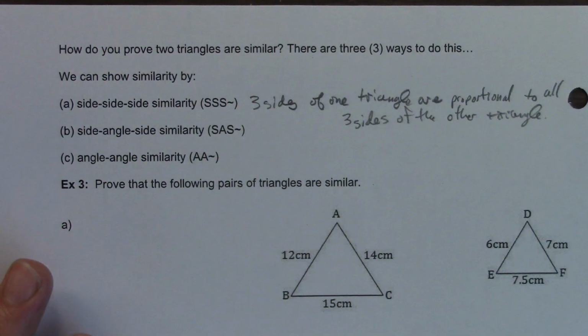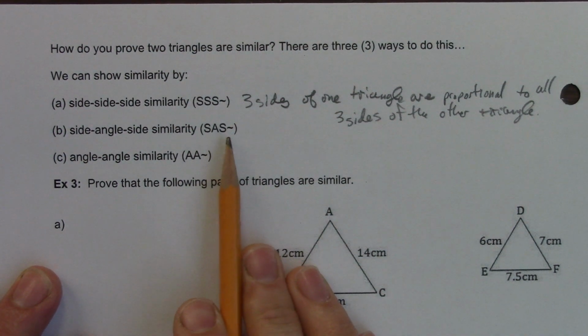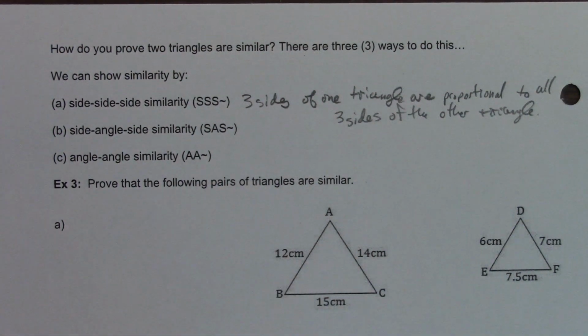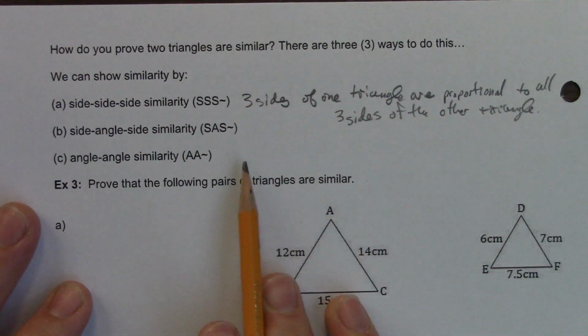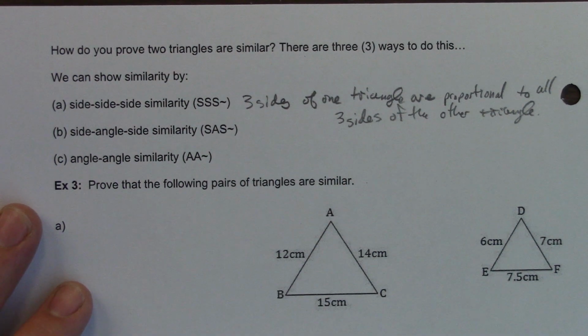Side angle side, SAS. So this is when we have an angle between two sides, and we find out that the side lengths between that angle are proportional. So we don't have to check all three proportions here if we have one angle. The angle's already the same.